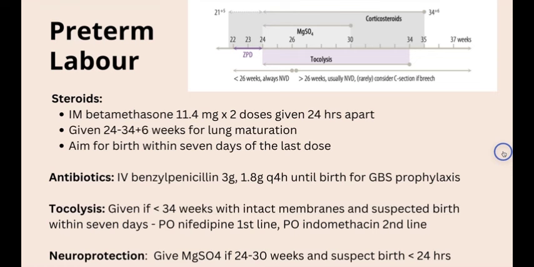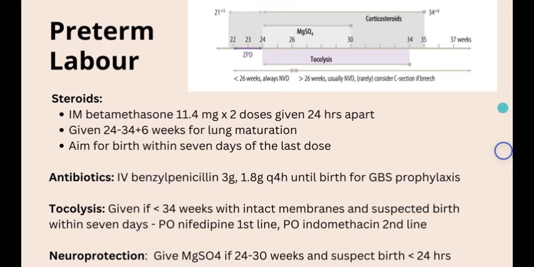Now, talking a little bit about what nifedipine is, this is a calcium channel blocker, and these are L-type selective calcium channel blockers. So calcium channel blockers are effective at blocking uterine contractions and hence slowing down labor and delaying that process. And as I said, they can be effective in making sure those corticosteroids have enough time to work.